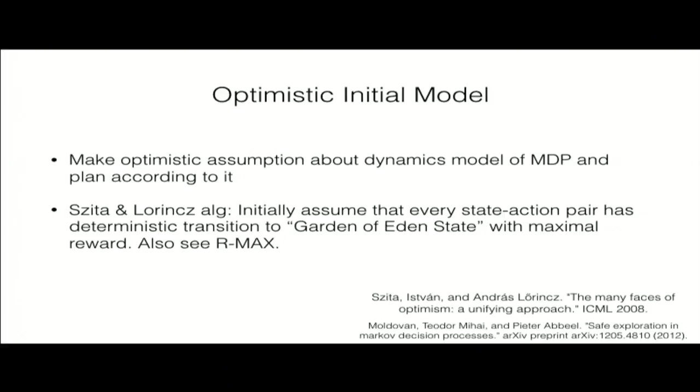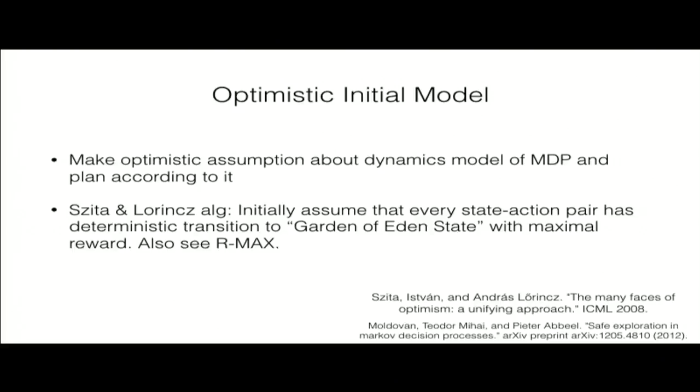Okay, so that's just to formalize what it means to talk about sample complexity of reinforcement learning algorithms. There are a bunch of different algorithms that are able to learn in previously unknown MDPs and have efficiency guarantees, unlike, for example, Watkins Q-learning. One class of algorithm is based on optimism, just like we saw in the bandit setting.